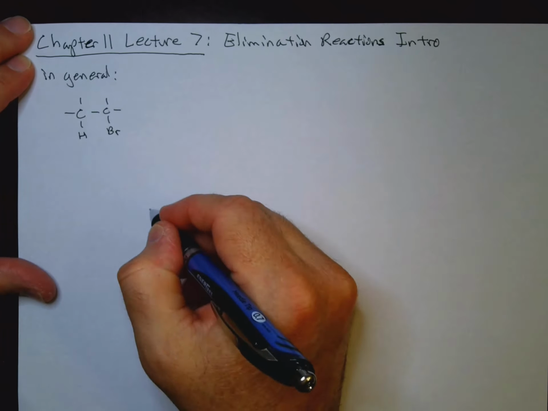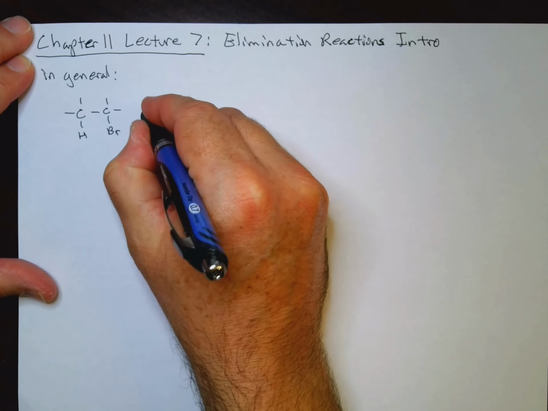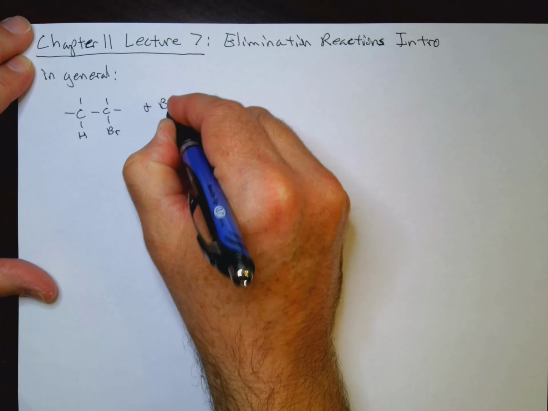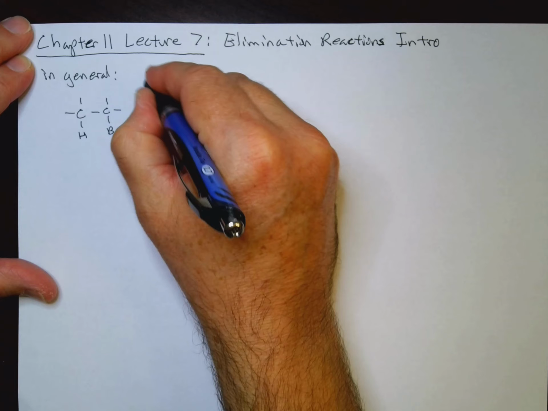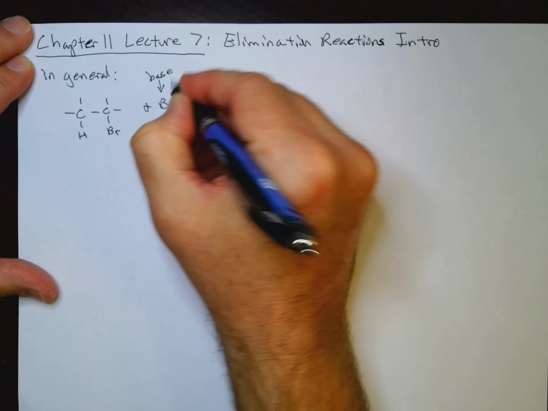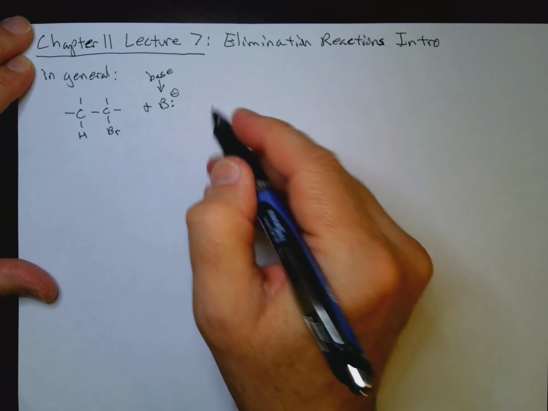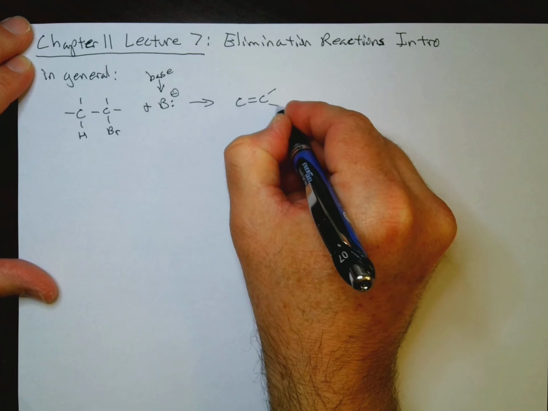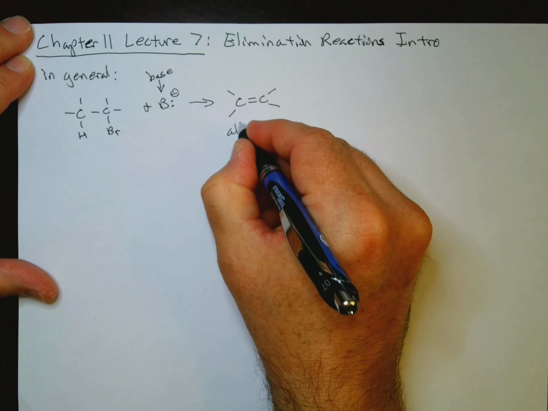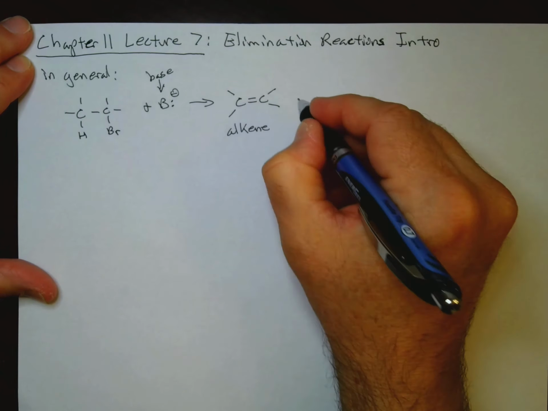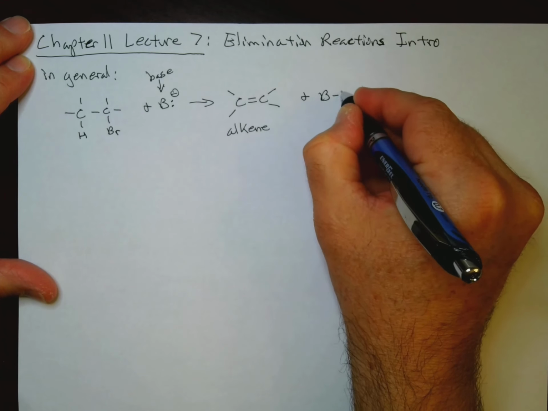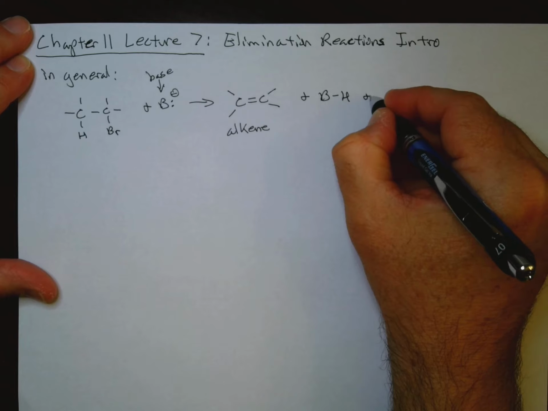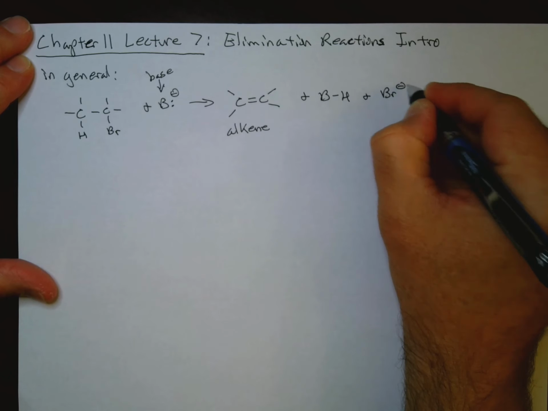We're counting over from the leaving group. We react this with some kind of base, so I'm just going to call it B minus. So not boron minus, but just a base. And we'll go ahead and get an alkene plus our base becomes protonated plus Br minus.